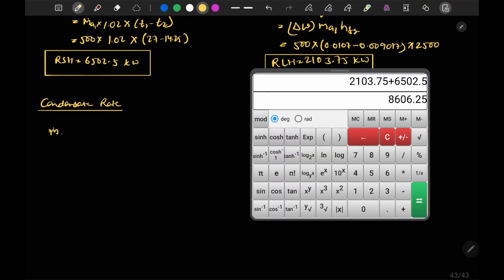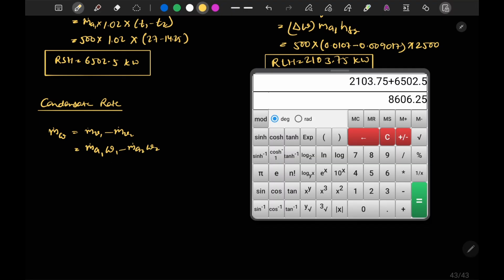So m dot water can be given as mv1 minus mv2, which is the mass load. Here I can write it as m dot a1 omega 1 minus m dot a2 omega 2.